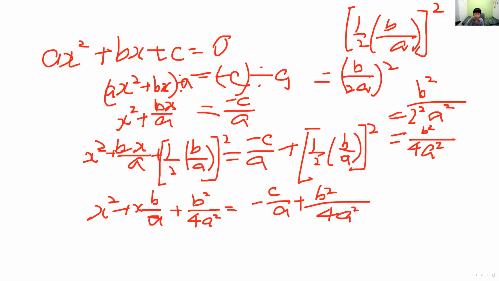So, and then we just have to factor out the x. Why? When we factor out the x, it is easier for us to calculate.